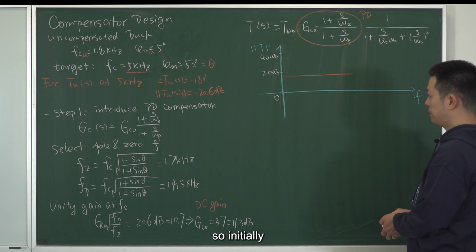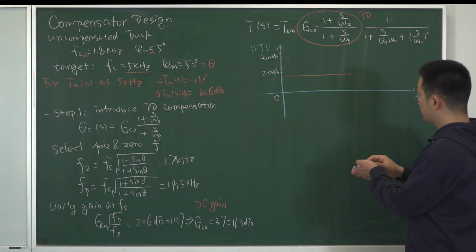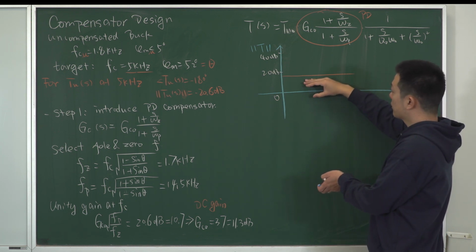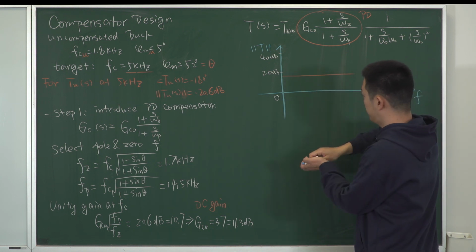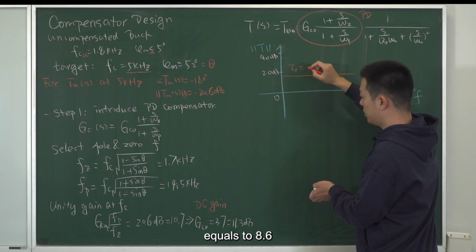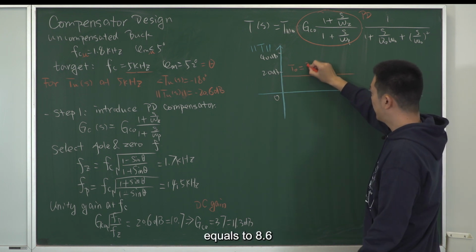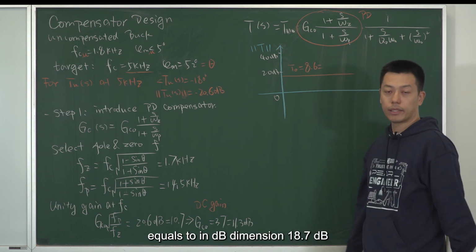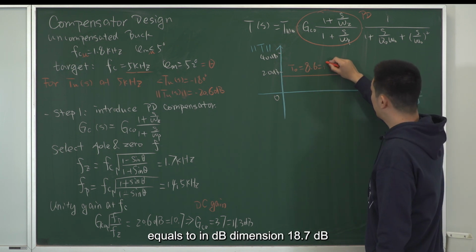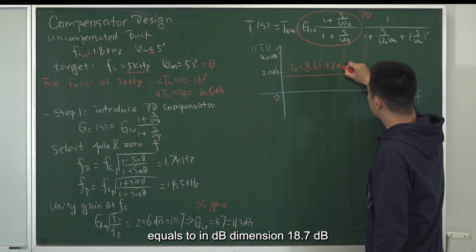At low frequency we can solve the DC value T0, which equals 8.6, or 18.7 dB.